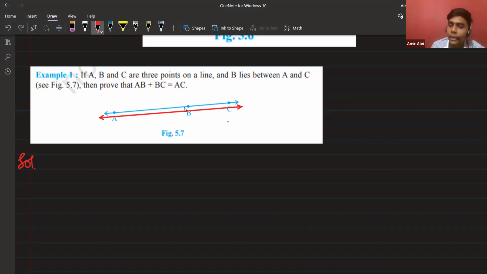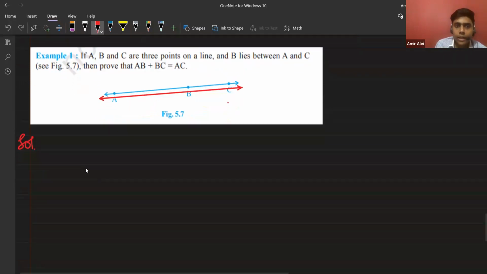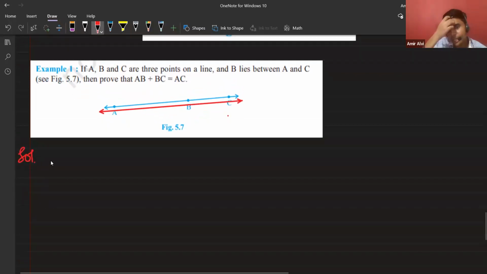Have you got this point? Yes. So that is the answer itself. You can directly say, if the lines are coinciding, write axiom 4.